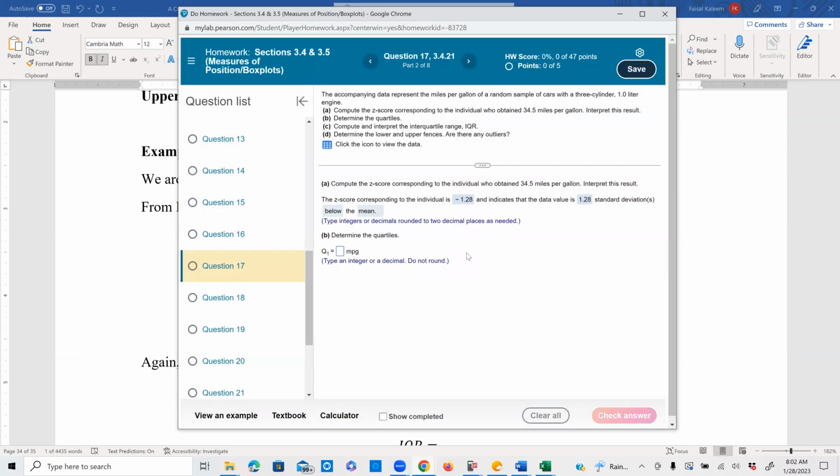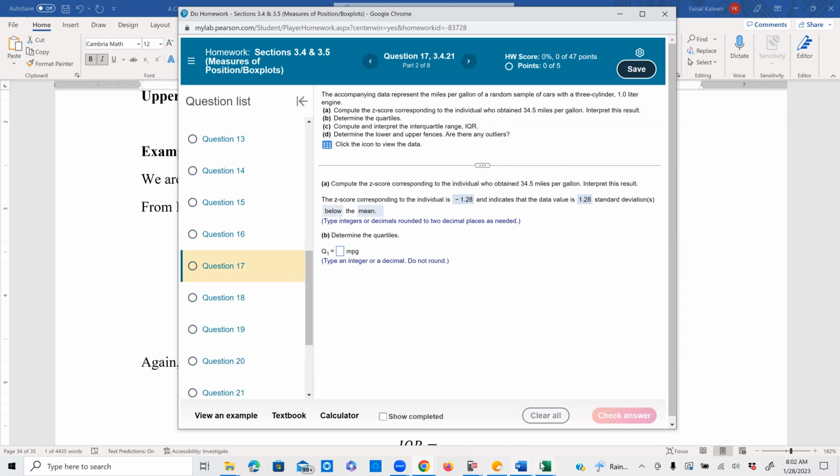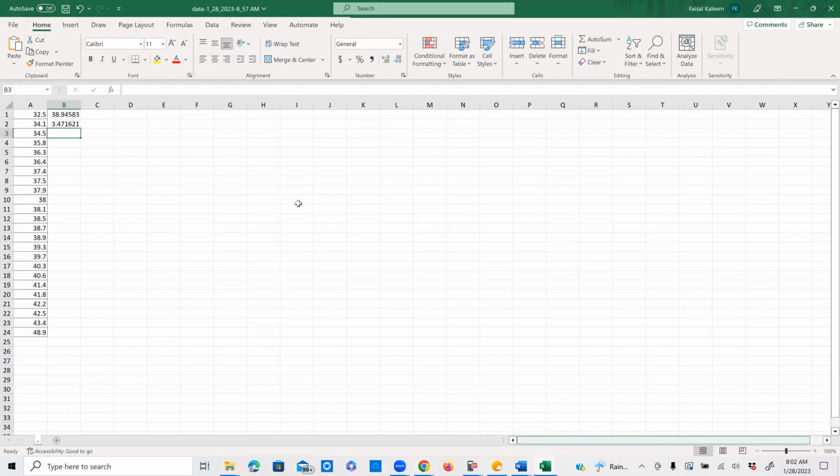And now we have to find the quartiles. So let's see how to find quartiles in Excel. The data is already there. So what we will do is equals quartile.